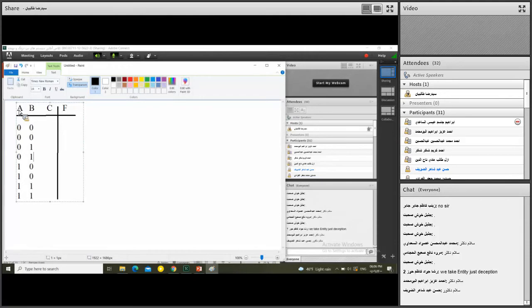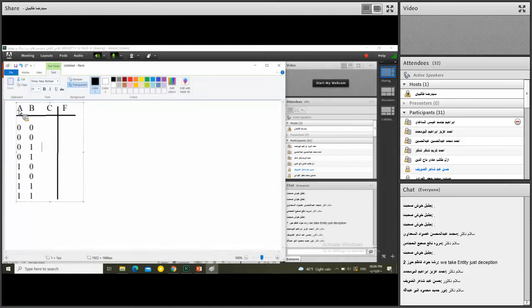And for C, 0, 1, 0, 1, 0, 1, 0, 1. Okay, we have 8 states or 8 conditions here.